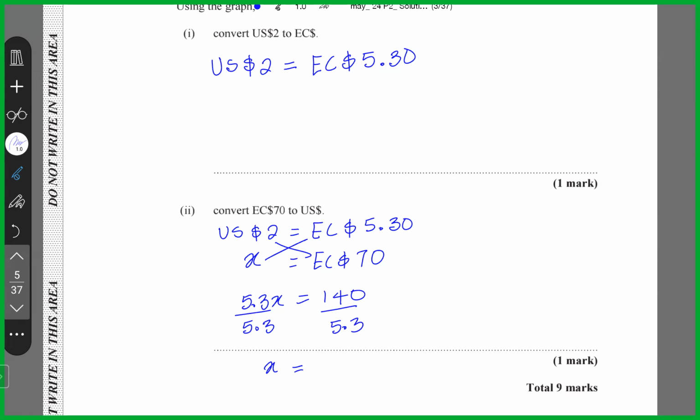And what did we get? We got US $26.42. The US equivalent for EC $70 is $26.42.